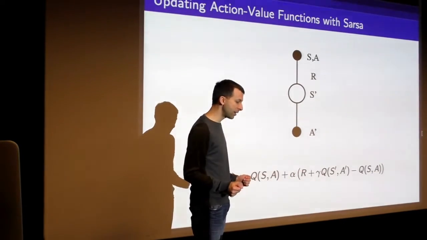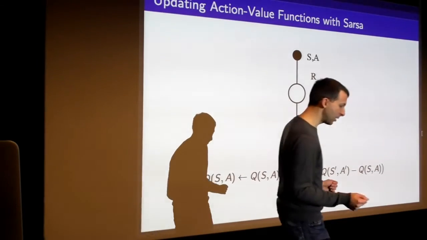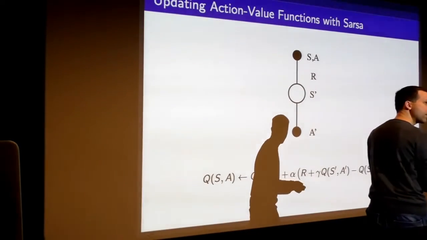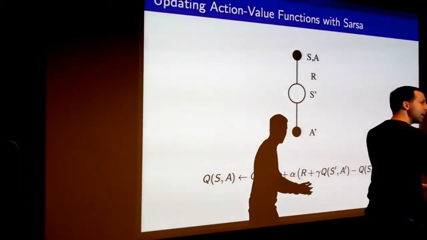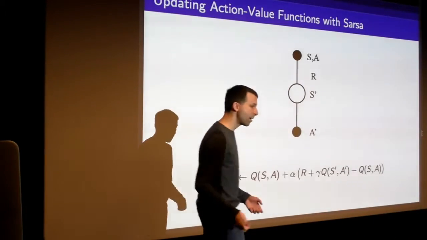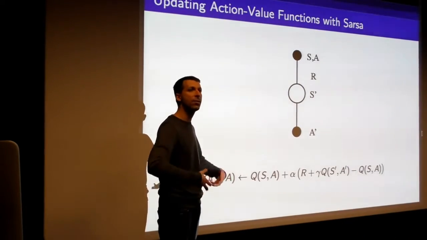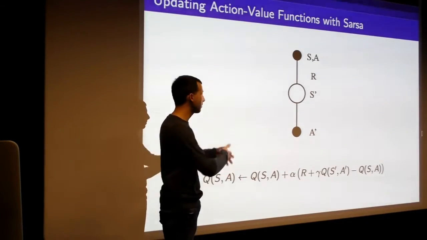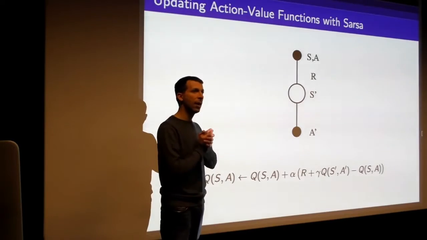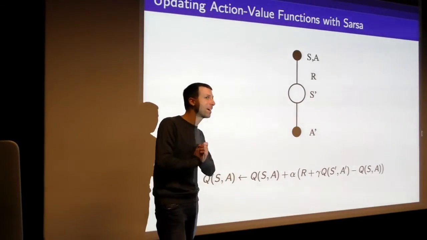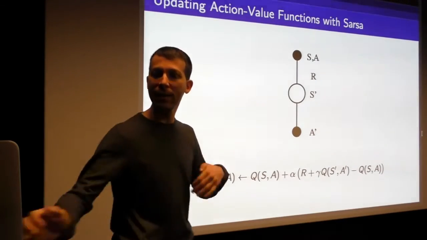What I want to know is, if I actually take that action, the reward I got, and then the value of the next action which I would take, that gives me an estimate of the value of this policy. I'm going to use that estimate to update the value of the state-action pair I started in. That's the general idea. This comes from the Bellman equation for Q. We've hopefully seen this before, becoming familiar with these types of ideas. So that's a SARSA update.